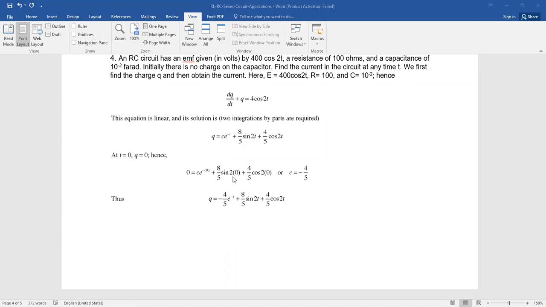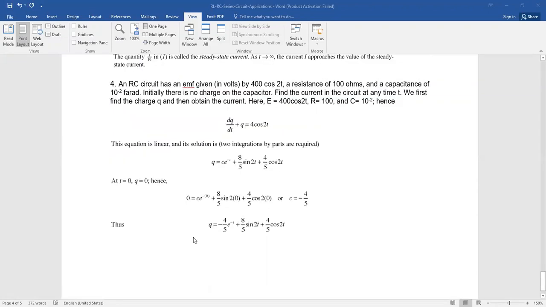You differentiate this because current is equal to dq dt. You will differentiate this in terms of time. You know how to differentiate this one. It's simple. Sine, cosine, you differentiate this. And that would be now I equal to dq dt and the corresponding derivative of this. So given the time, you can also solve for the current in amperes in your circuit.